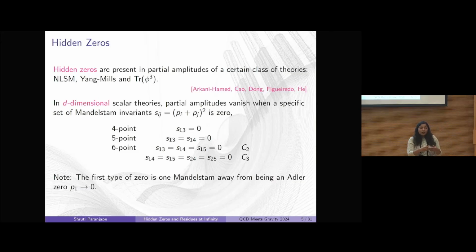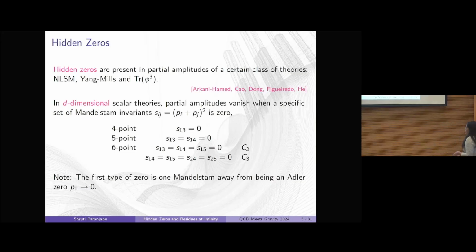So when T, or S13, some Mandelstam, goes to 0, the amplitude vanishes. At 5 point, again, it looks like S13, S14, set those to 0, your amplitude vanishes. At 6 point, you have two options. You can either do this set of 3 Mandelstams or this set of 4 Mandelstams.